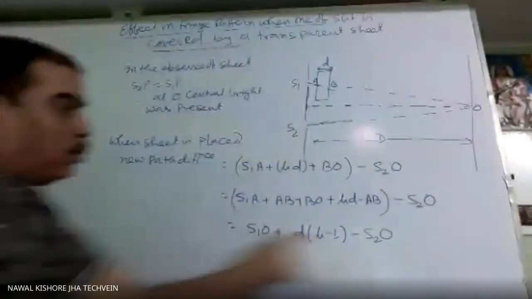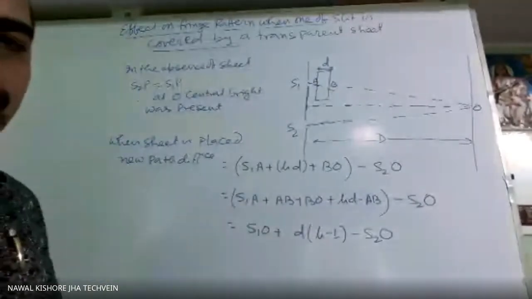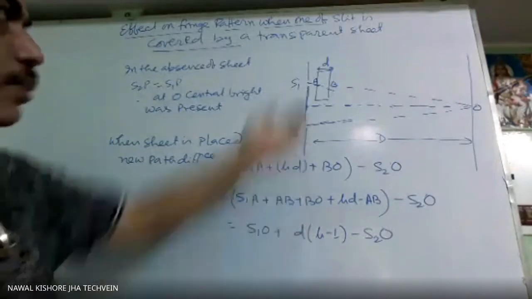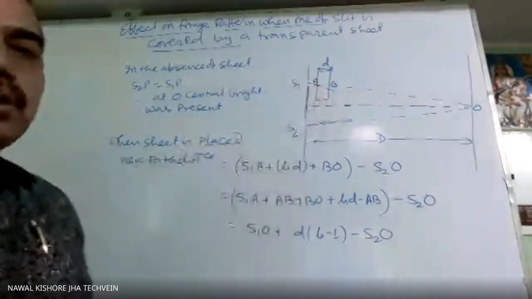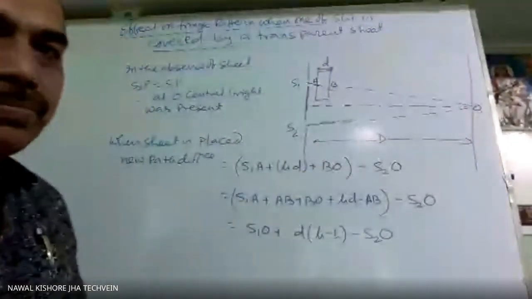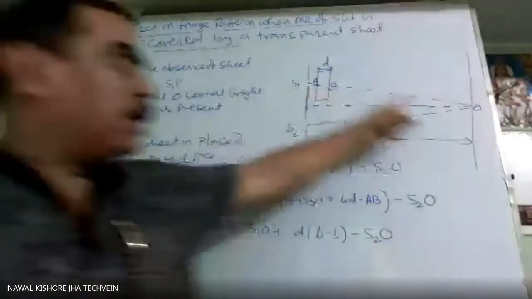Now S1O minus S2O is 0. This is the additional path difference which has been created due to the presence of the sheet. So naturally the path difference is not 0 here. So the fringe pattern will shift as this path length is more.